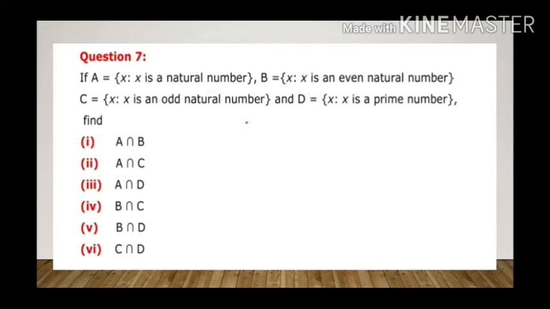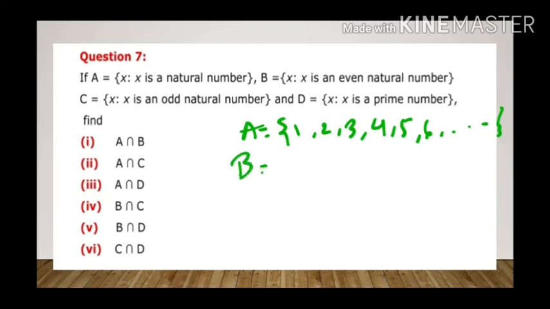So first of all, A is a collection of natural numbers, means A is a collection of 1, 2, 3, 4, 5, 6 and so on. Now B is the collection of even numbers, means 2, 4, 6, 8, 10, 12 and so on.